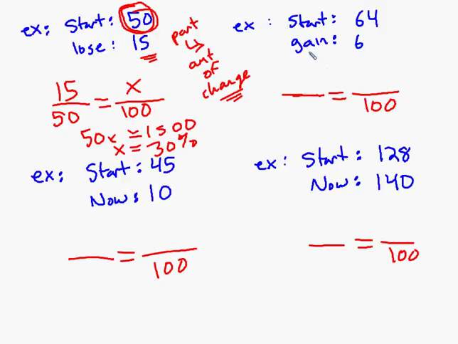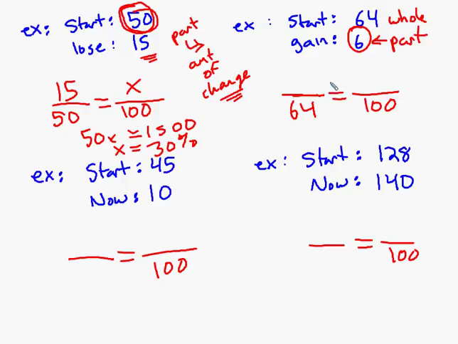So in the next one, is 6 my part? Well, 64 is my whole, but is this the amount it changed? If I start with 64 things and I gain 6 more, how much did I change? 6. So yes, that's my part.